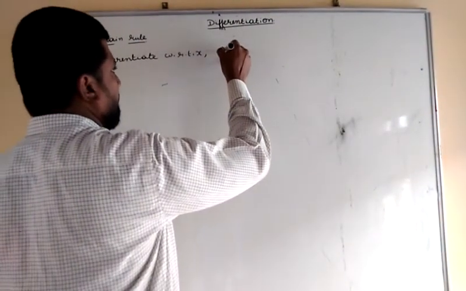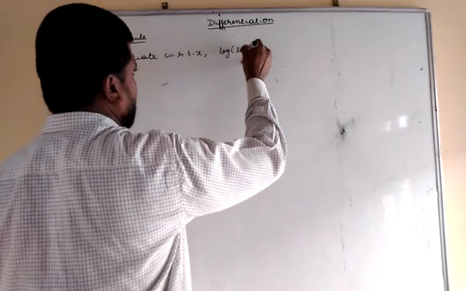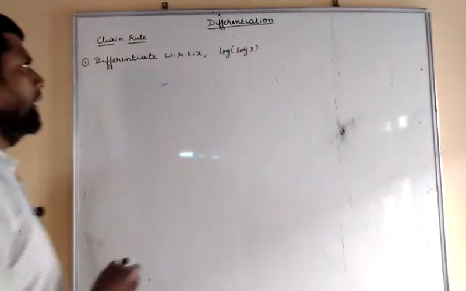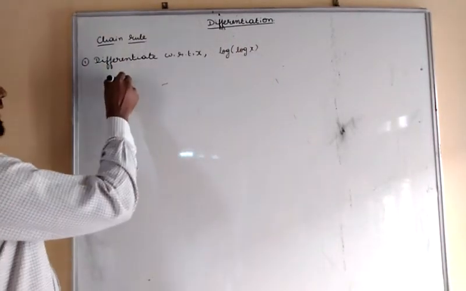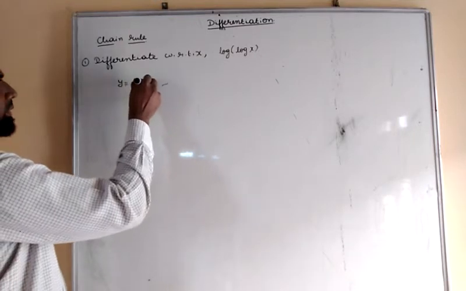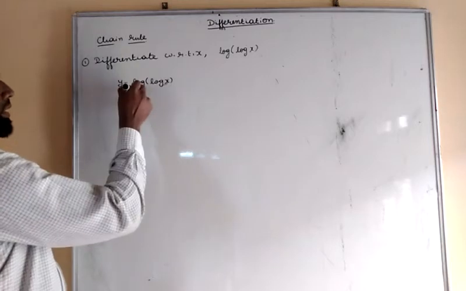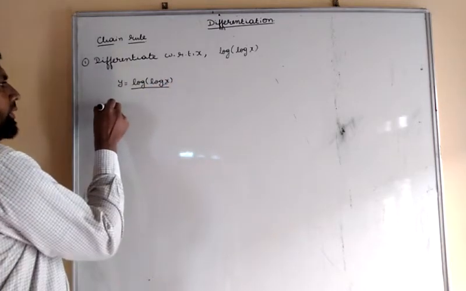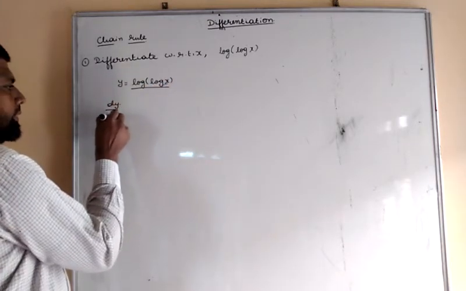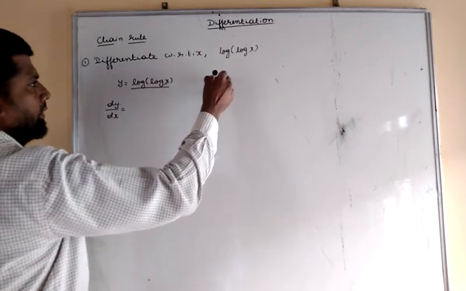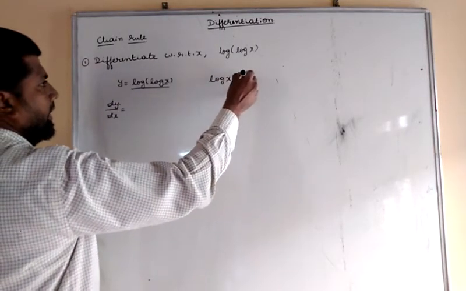Next problem is y equals log of log x. Let us do it by the direct method. We know the differentiation of log x is 1 by x.